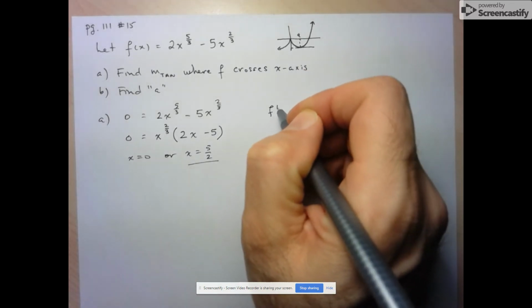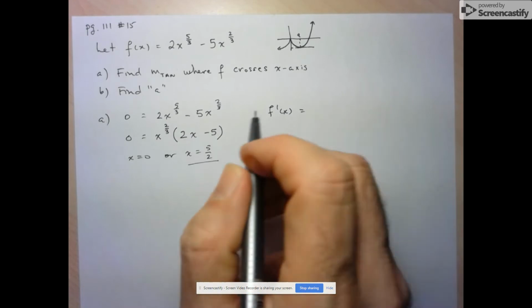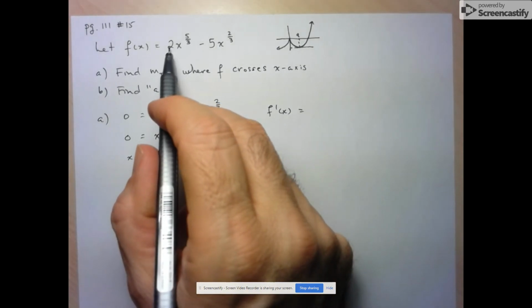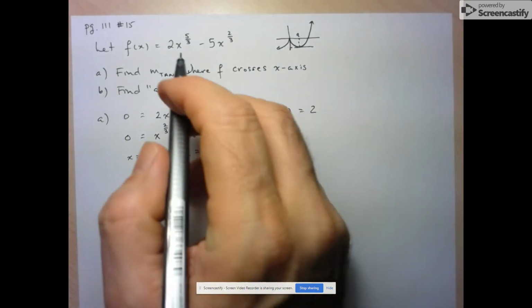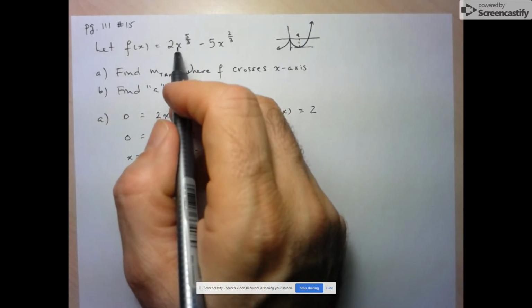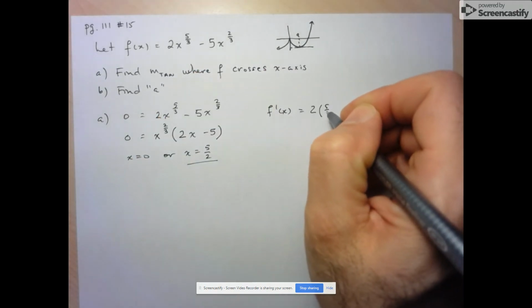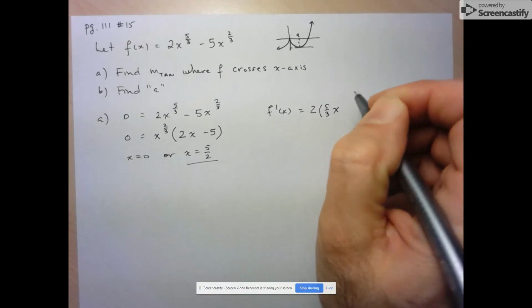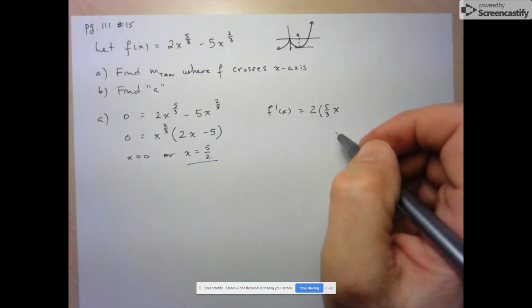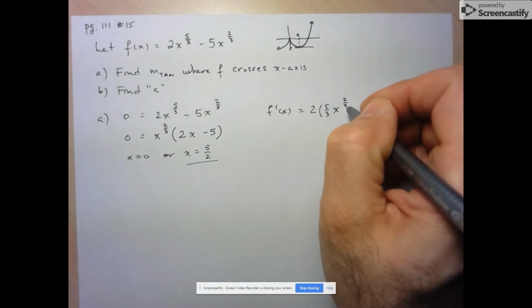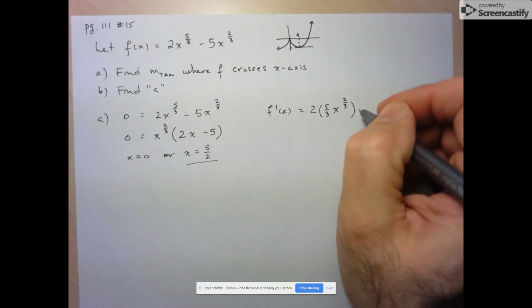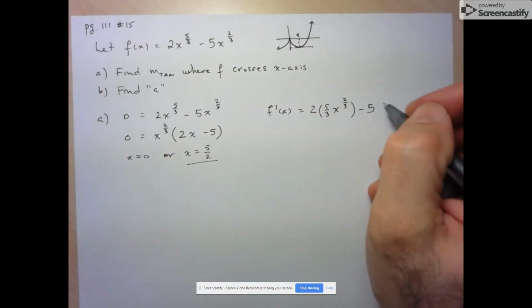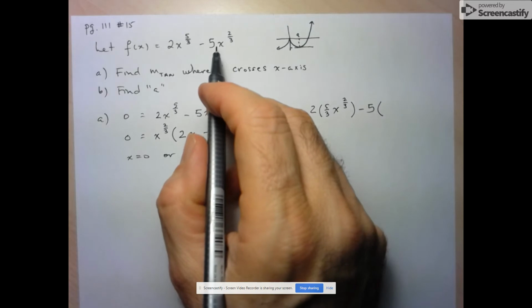So f prime of x is equal to, we just apply a derivative property, so that's just a constant, 2. And now let's find the derivative of x to the 5/3. Well, it's just going to be 5/3 times x to the power 5/3 minus 3/3, which is 2/3. And then minus 5, again just a constant, and let's find the derivative of x to the 2/3.